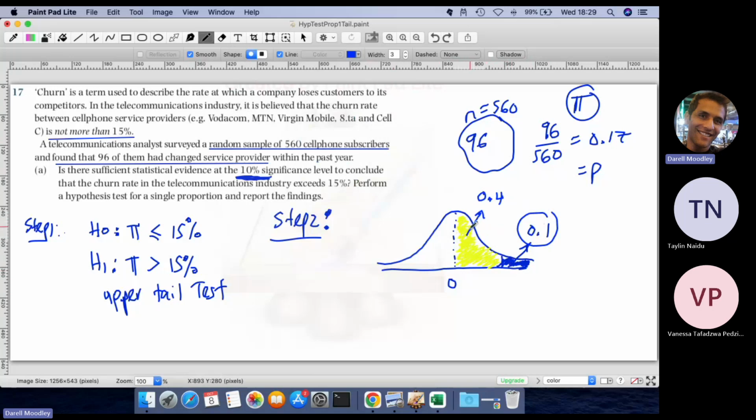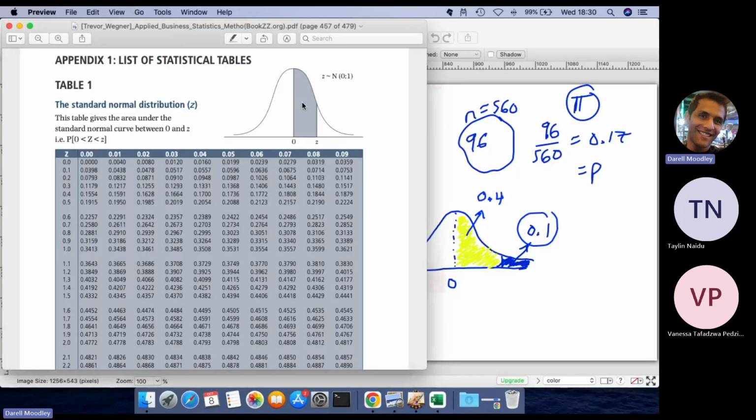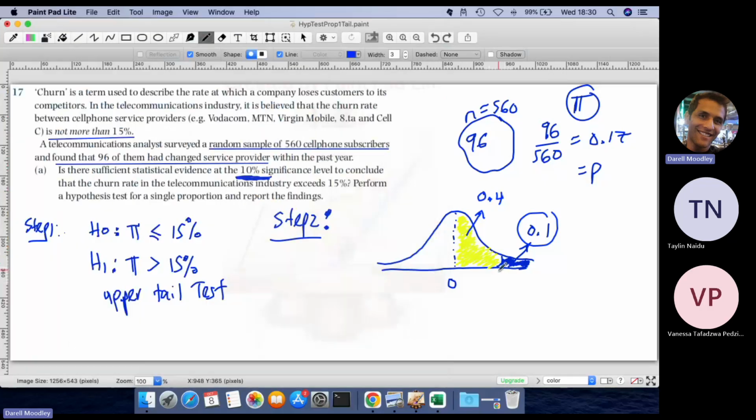So now I know the size of this yellow region is 0.4. I know the area, which is given inside this table, which is 0.4. I need to work backwards and figure out what is the Z value that corresponds to an area of 0.4.